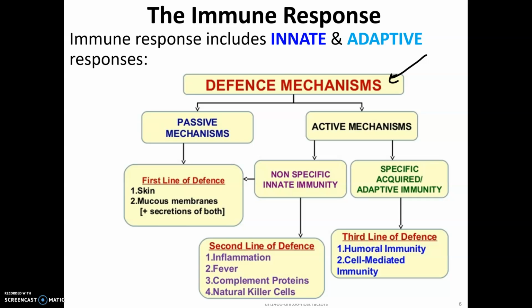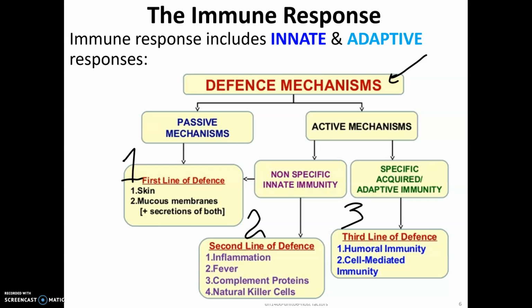Then from there we can drop down into passive and active mechanisms. Our passive mechanisms are going to be things that our body has anyways, and they're generally going to protect us from an infection that's trying to invade. So we break this down into our first, second, and third line of defense.